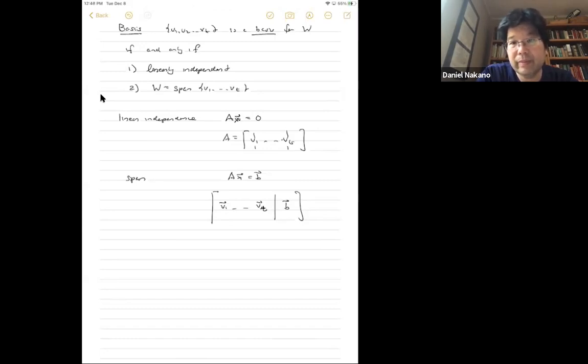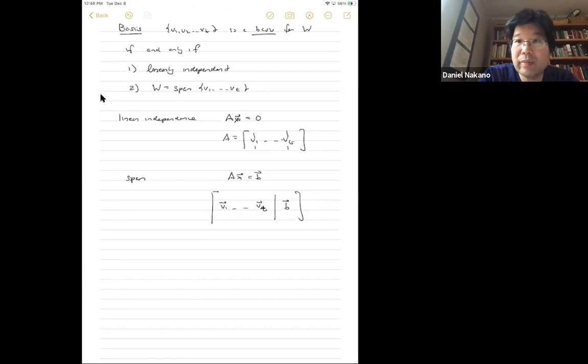Conceivably. If you have a basis, the solution is going to be unique. But if you have more vectors than you need, then you could have redundancy. Does that make sense? Yes. Okay.